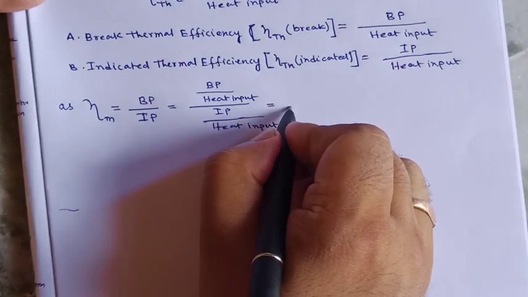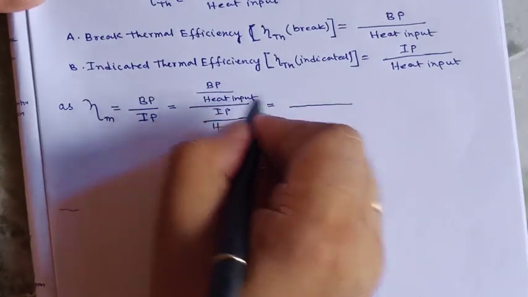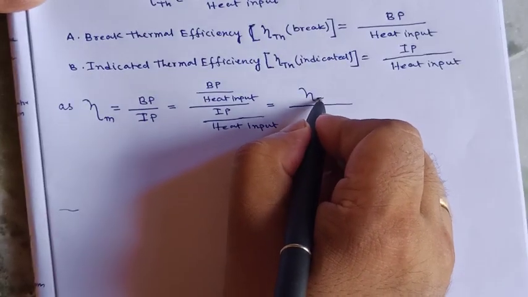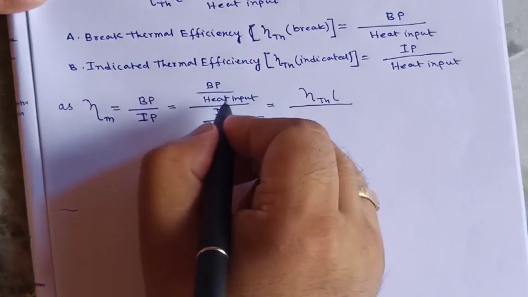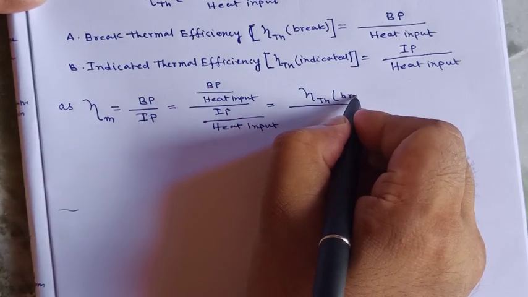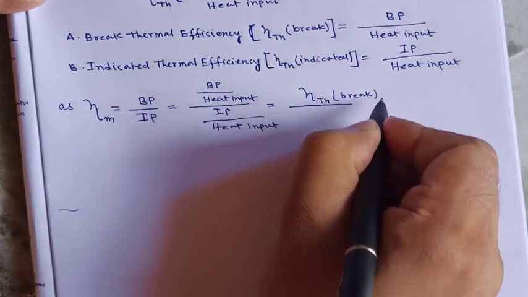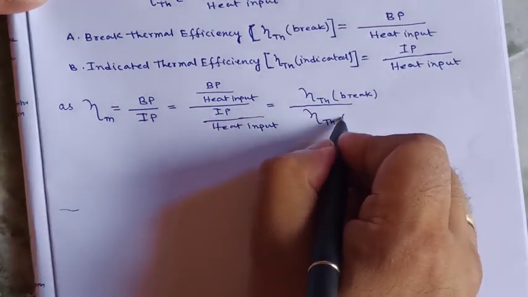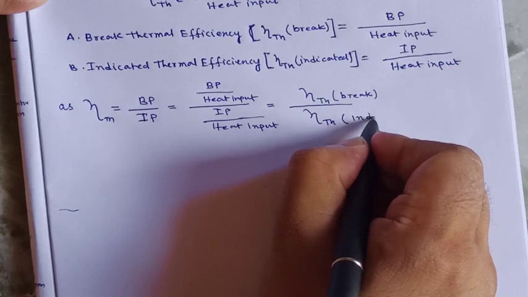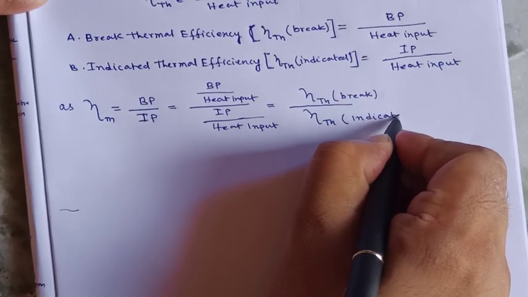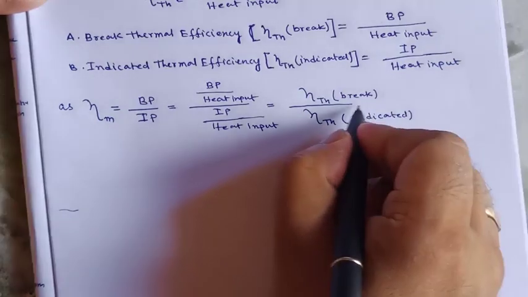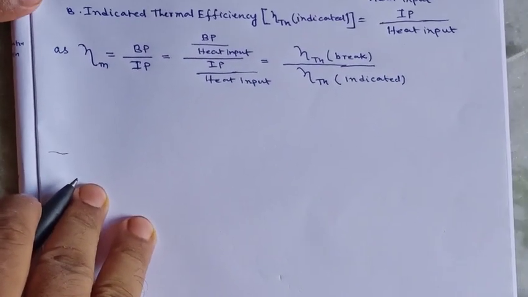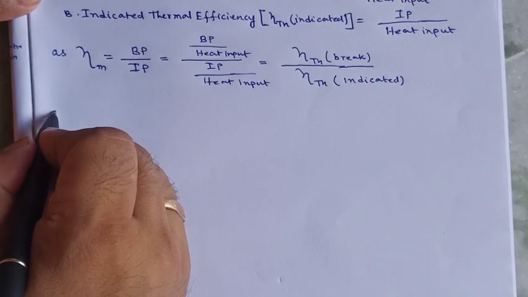So BP by heat input is eta th brake, the brake thermal efficiency, and this one is the indicated thermal efficiency.